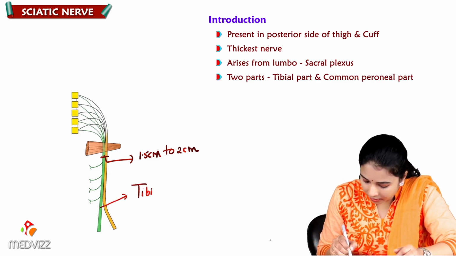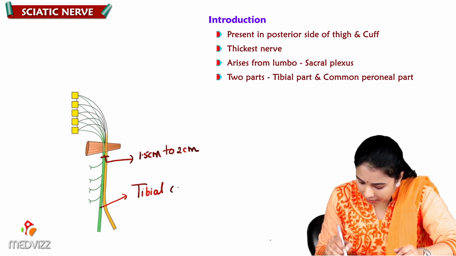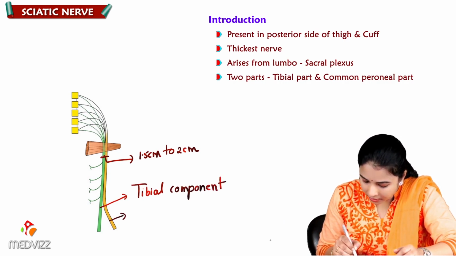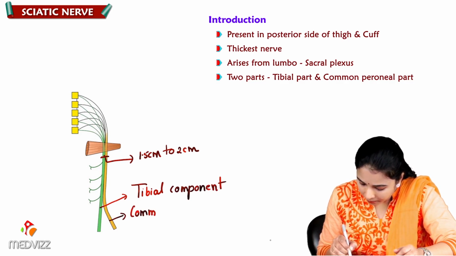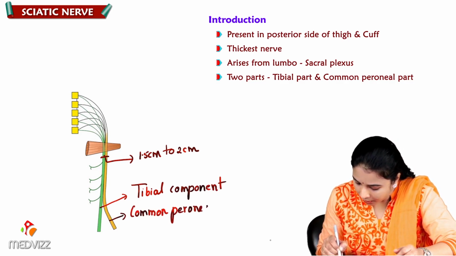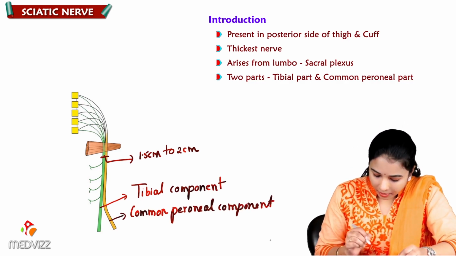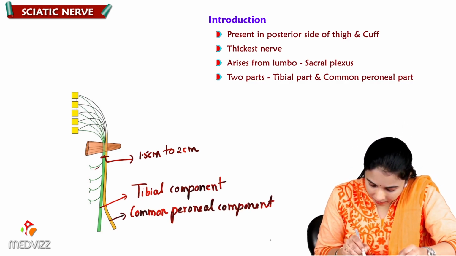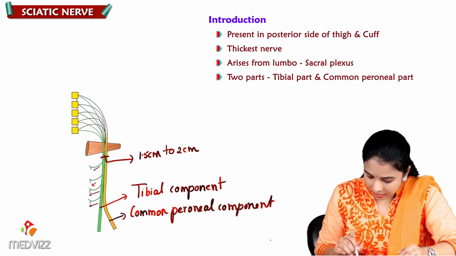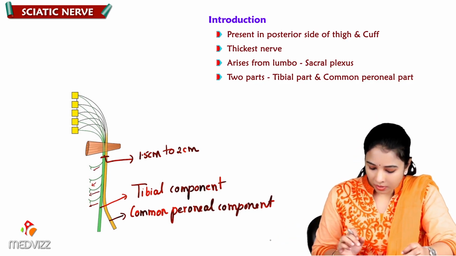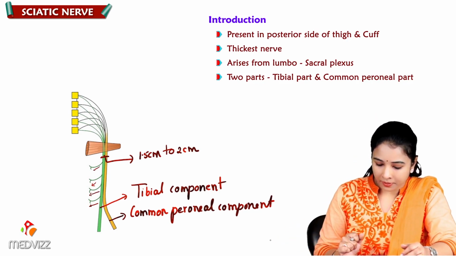The green one represents the tibial component or tibial part, and the yellow one is the common peroneal component. The tibial component gives rise to branches in the thigh itself, whereas in the common peroneal part, we can't see much of the branches. So that is the common peroneal component.